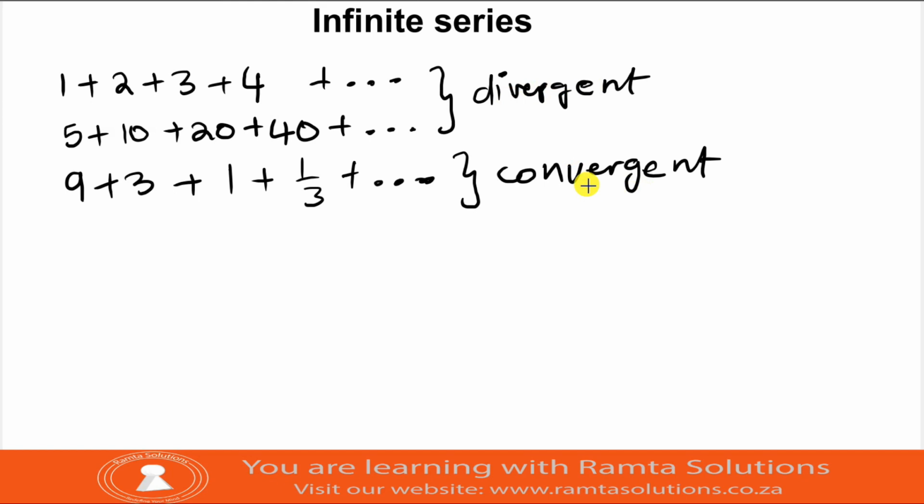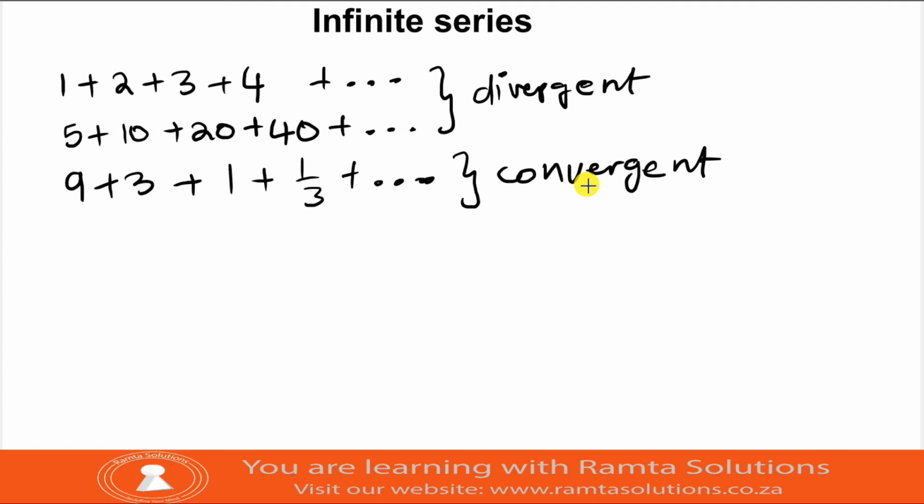increases. Now, something you should know: all arithmetic series are divergent. Remember, I said it's divergent when the number of terms increases and you get a different sum. But with the convergent, when the number of terms increases, you get closer to a certain number.